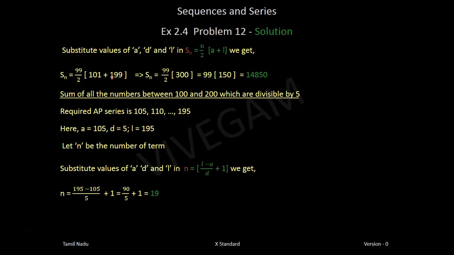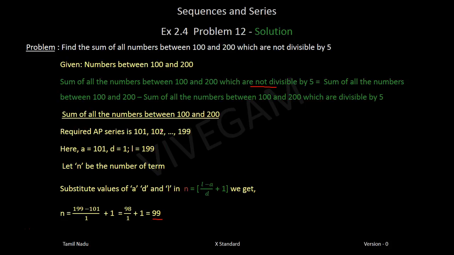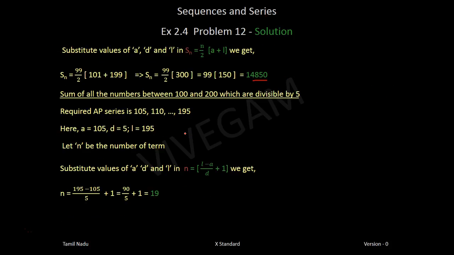So these two add up together to 300. 300 into 99 by 2, 2 will go 150 times. So 150 into 99. So that gets you 14850. Okay, what is 14850? It is the sum of all the numbers between 100 and 200, that is 101 plus 102 plus 103 plus 104 up to 199 equal to 14850.